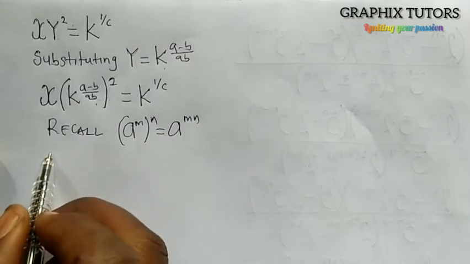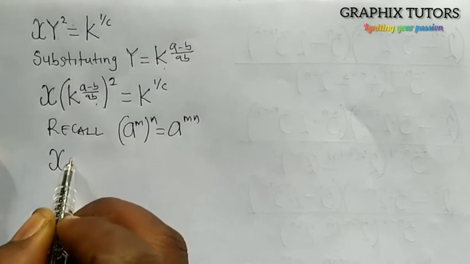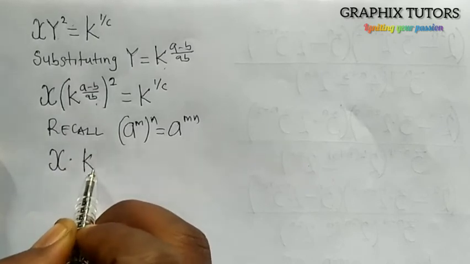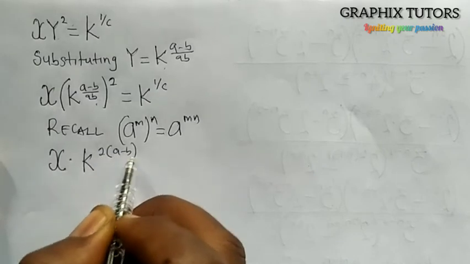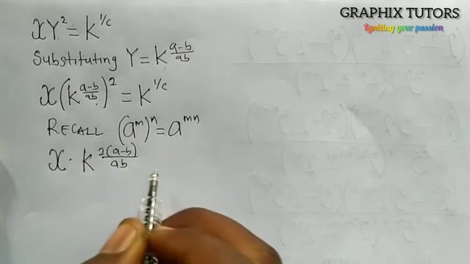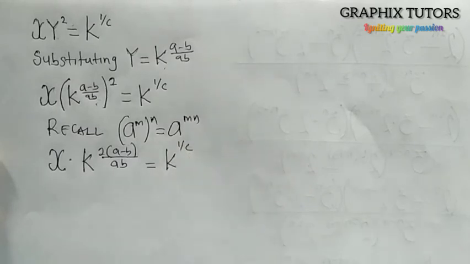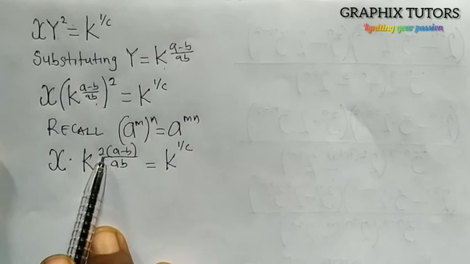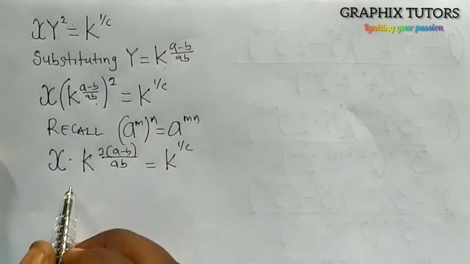So my x multiplied by k now standing alone, the 2 will come to multiply a minus b, because it's the numerator, all over ab, equals k to the power of 1 over c. Now if you divide both sides by k to the power of 2 into bracket a minus b, everything over ab, you'll be having this.